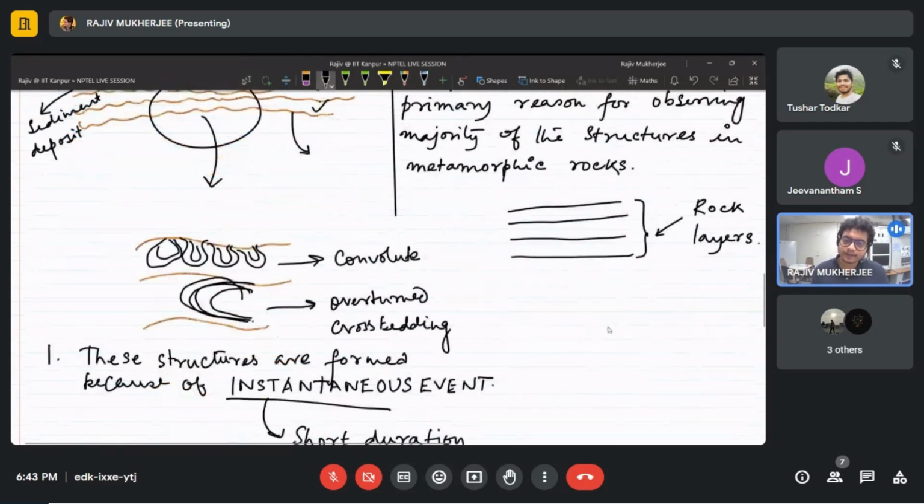Now the question is, is it possible to deform a single layer?